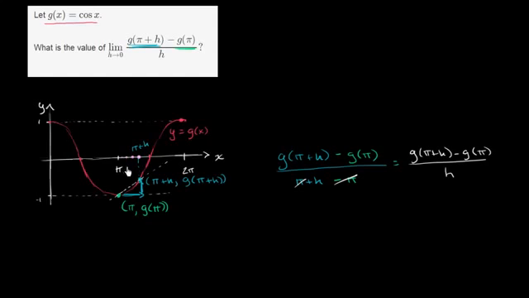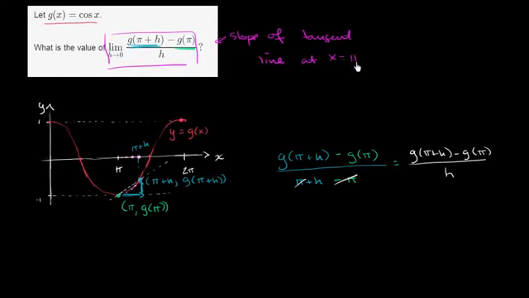The point pi plus h, g of pi plus h, is going to get closer and closer to this point. And the slopes of those secant lines, I know it's hard to see because it's so small here, are going to start getting closer and closer to the slope of the tangent line at x equals pi.